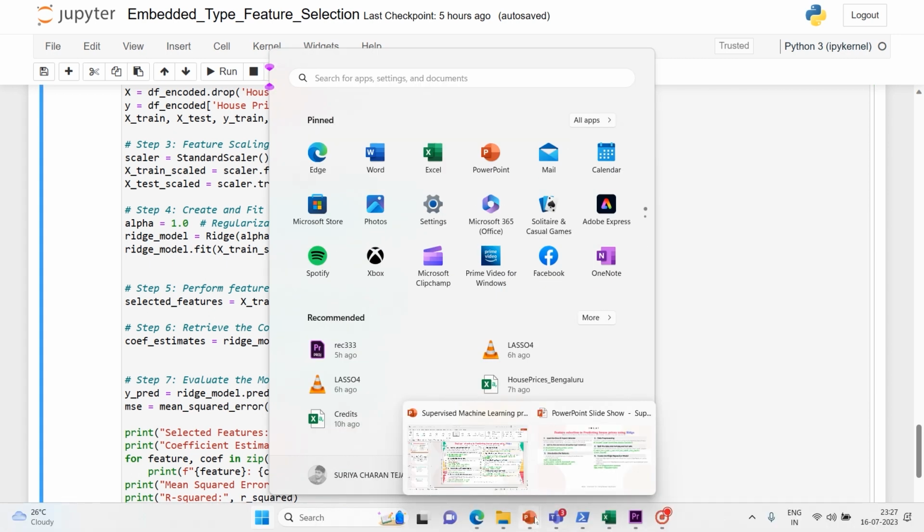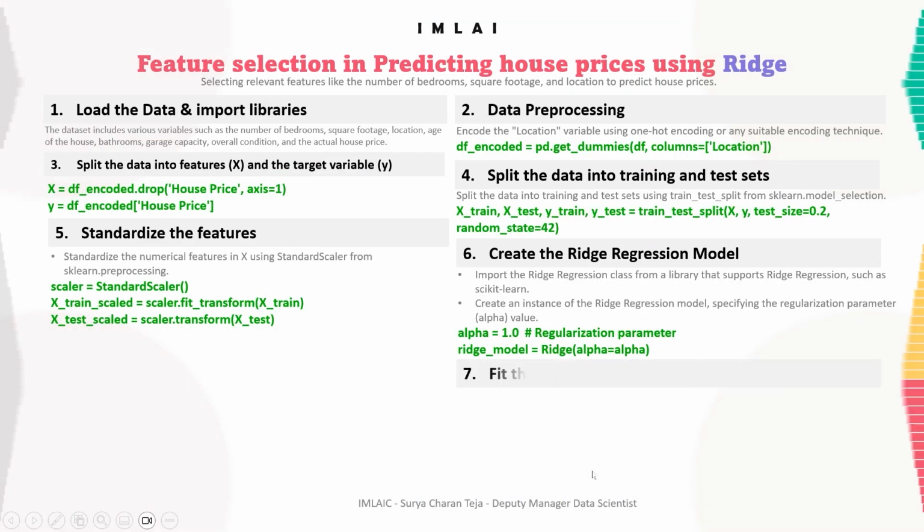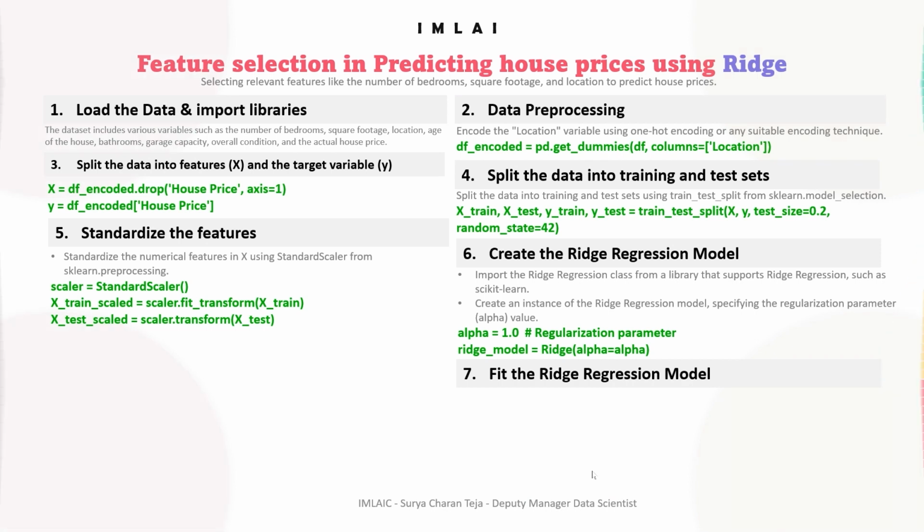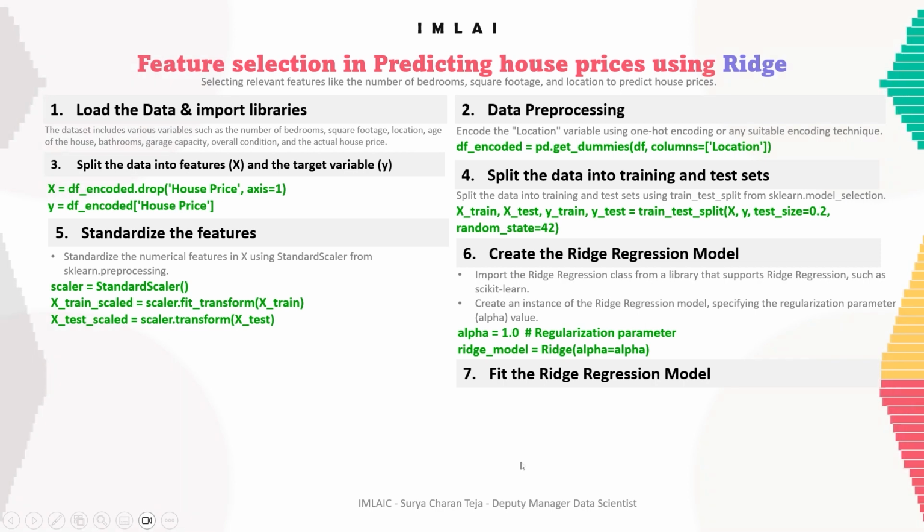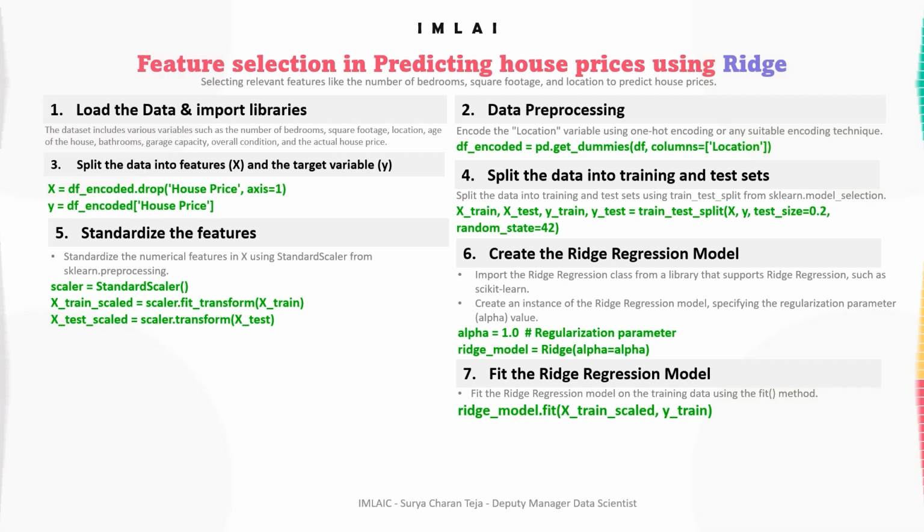And then it's time to fit the ridge regression model. We fit the ridge regression model on the training data using the fit method. That's what normally happens, and let's do that.